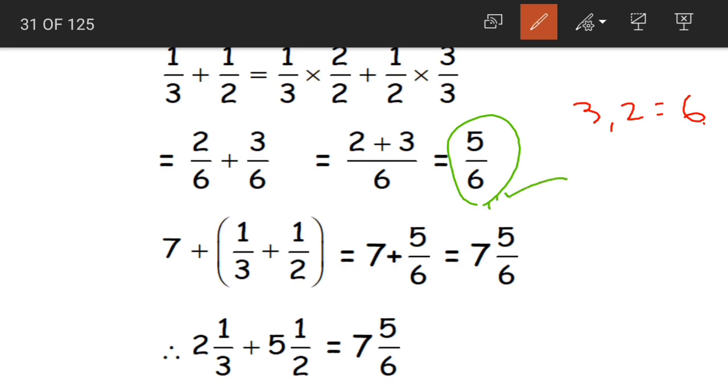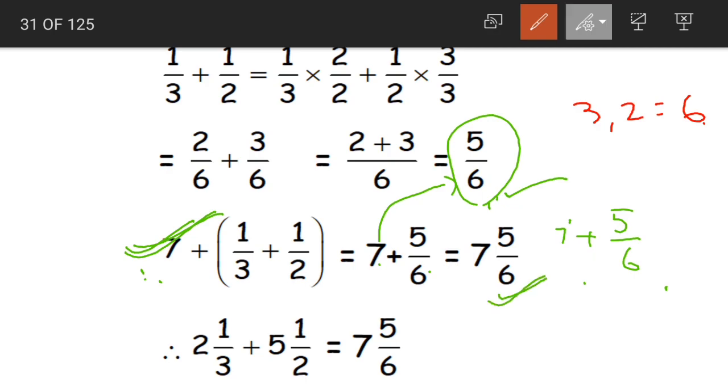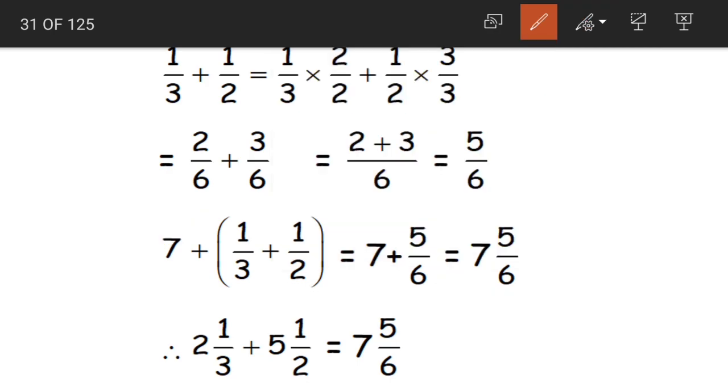The sum of proper fractions is 5 by 6, and don't forget that we had whole numbers as well. The sum of whole numbers was 7. Now 7 plus the proper fraction 5 by 6 is nothing but 7 5 by 6. Understood, children? What is the first method?